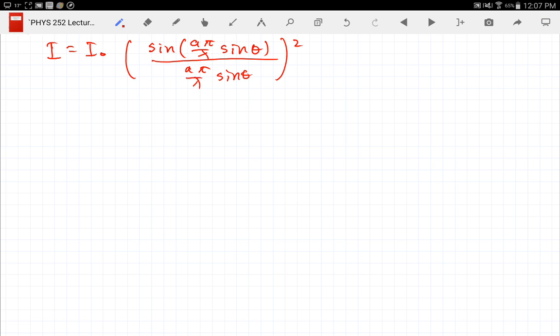So we have that equation, and we want to find maxima. So we take the derivative at theta m, the theta that's going to be a maximum or minimum, and set it equal to 0. So I take the derivative of that equation.